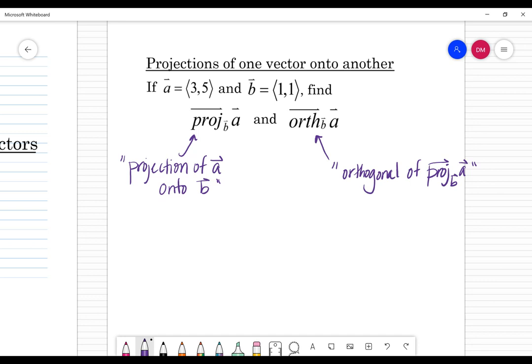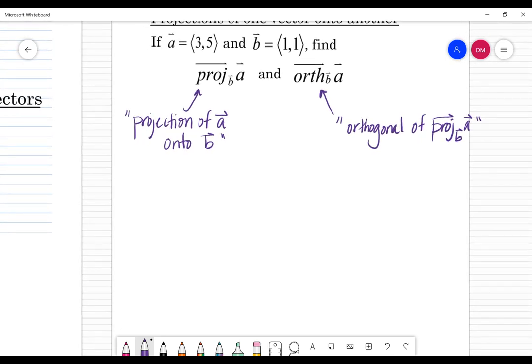So let's go ahead and we'll do a little math here. It's always good to do a little math. So we are going to graph A and B. A is at 1, 2, 3, 1, 2, 3, 4, 5, and looks like this.